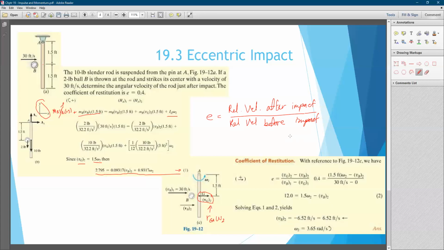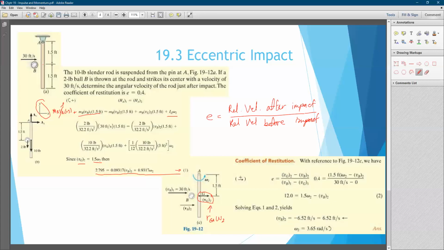After impact, Vg is representing the center of mass of this rod, Vg2, so you can see both have subscript 2.